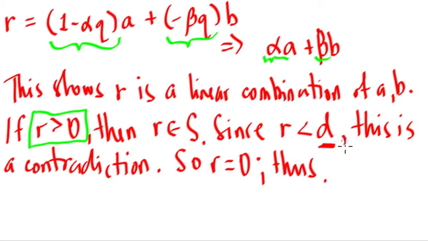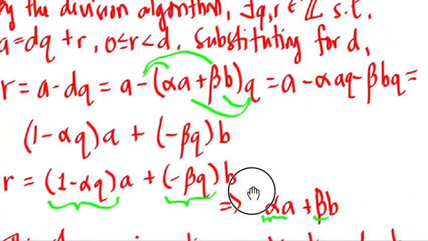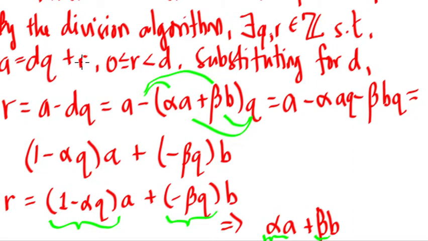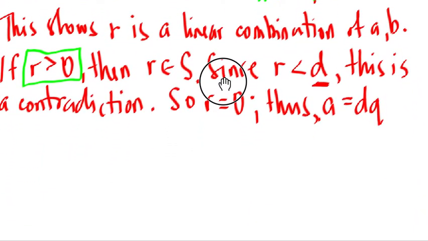Since R is equal to 0, what we have is A equals DQ. Where did we get that? We first said, if you can remember, that A is equal to DQ plus R. Since R is equal to 0, A is equal to DQ.